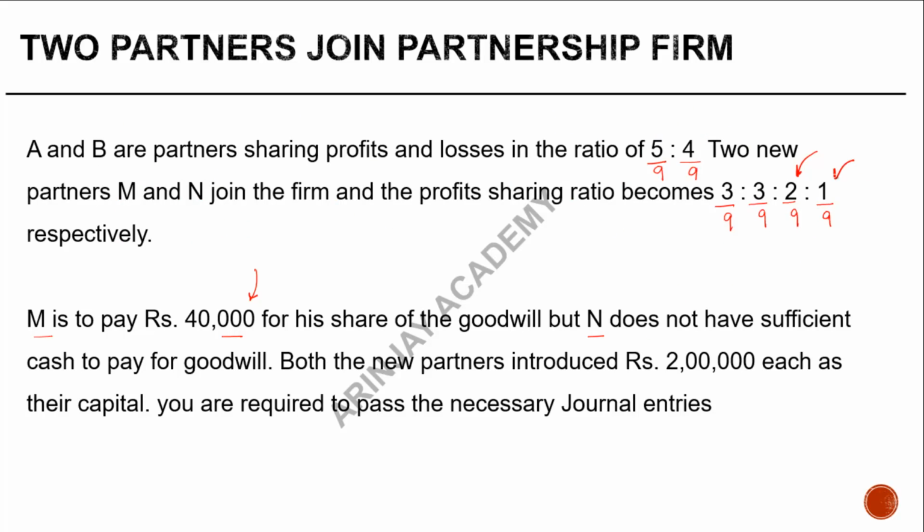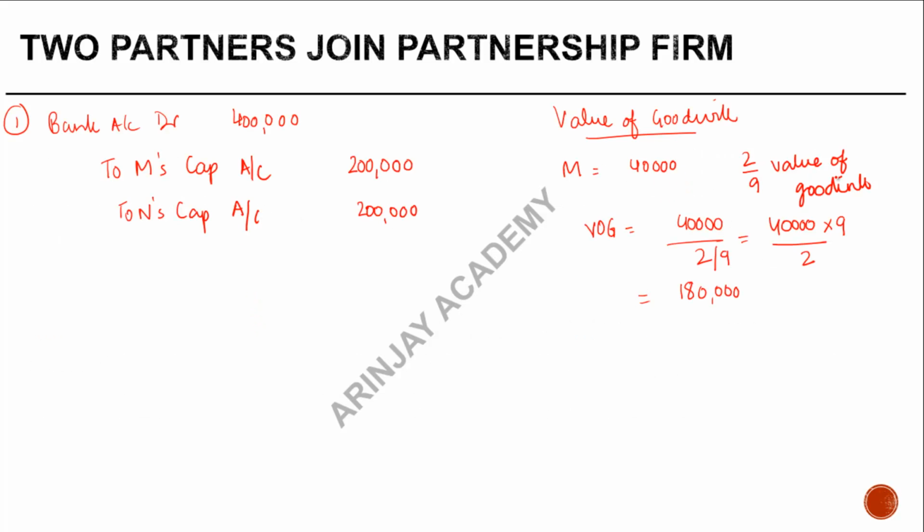How much is N's share of this entire thing? N has got 1/9, and therefore N's share of goodwill, which he has to bring, will be 1/9 of 1,80,000 or 20,000. This is the amount he did not bring in. This 40,000 was brought in by M, right?